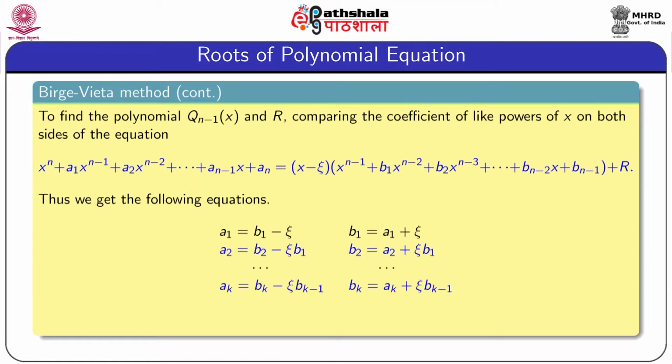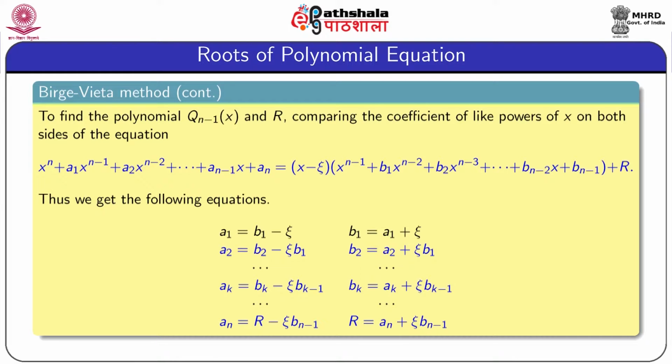And from the x^(n-k) coefficient, we obtain the general equation, ak equal to bk minus xi b_{k-1}, or bk equal to ak plus xi b_{k-1}. And lastly, by comparing the constant term, we get an equal to r minus xi b_{n-1}, or r, the remainder of the division, r equal to an plus xi b_{n-1}.